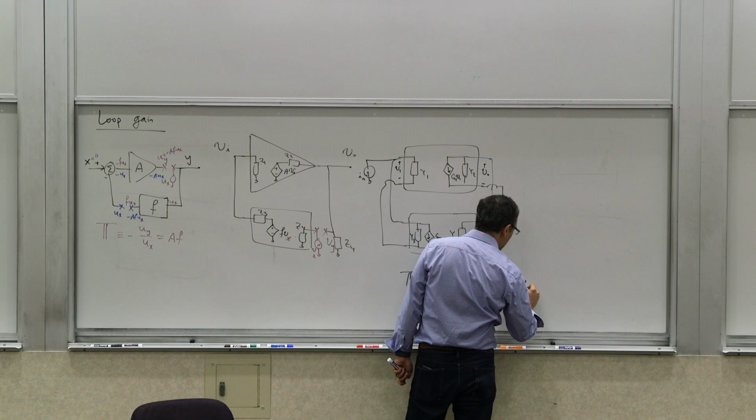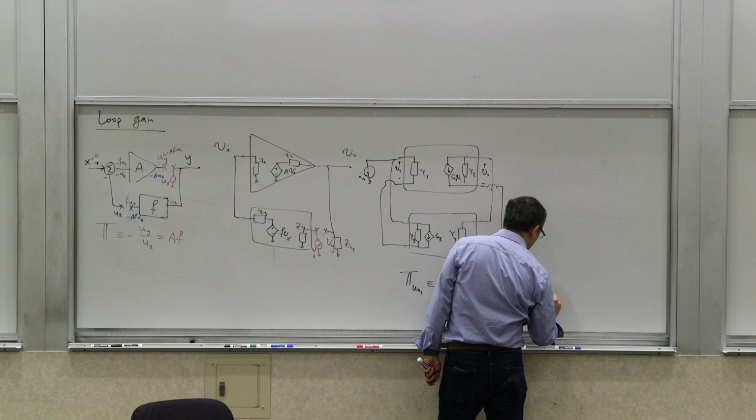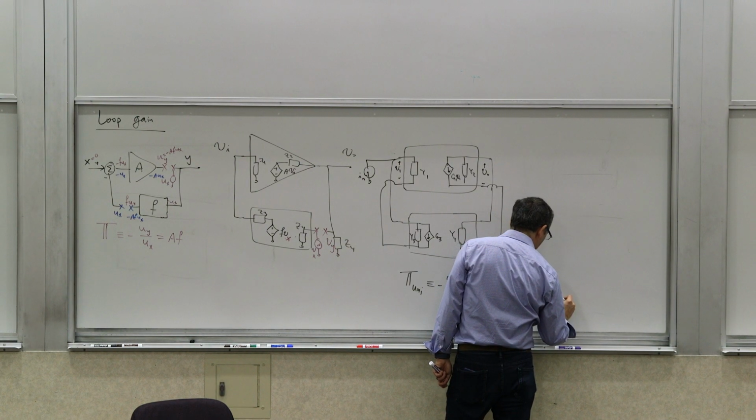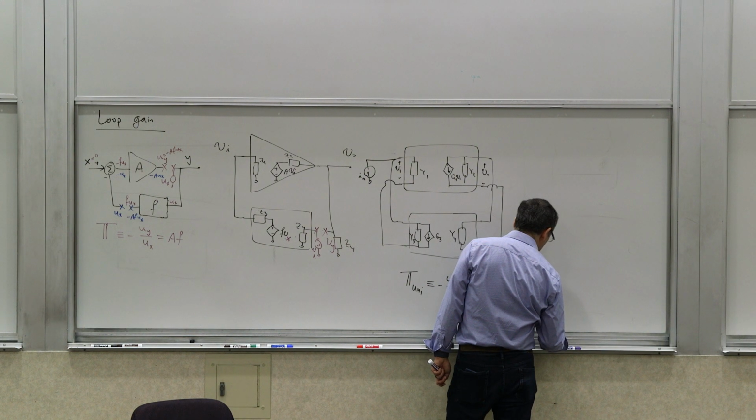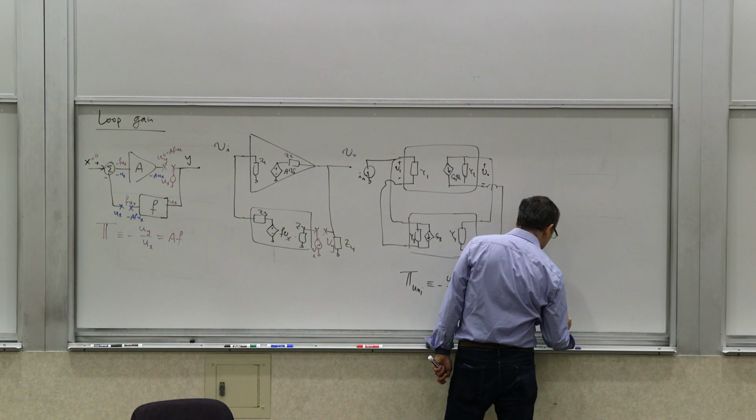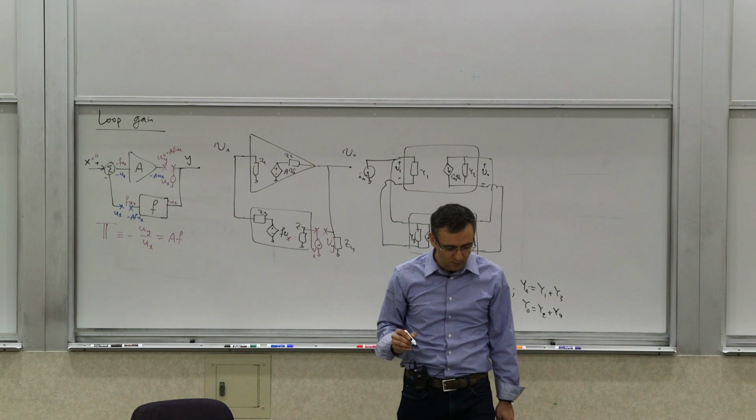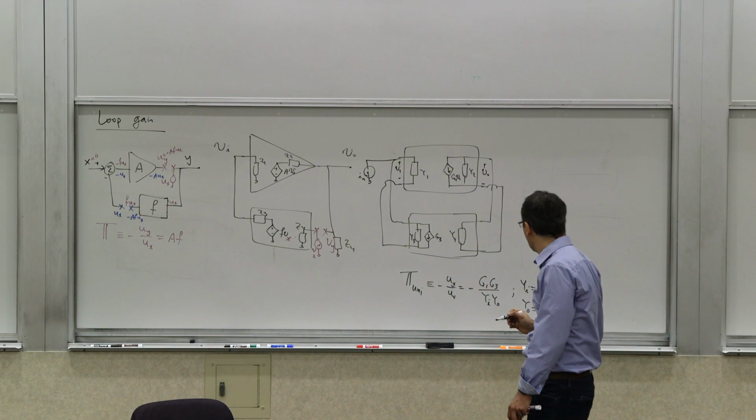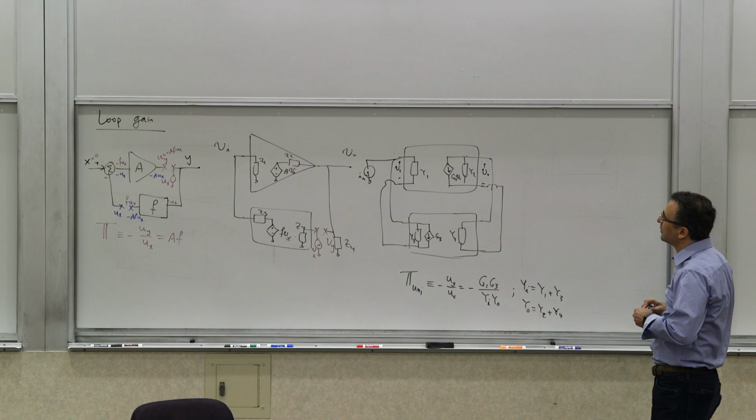And Yi is the sum of the input admittances, and Yo is the sum of the output admittances. So this would be the unilateral loop gain.